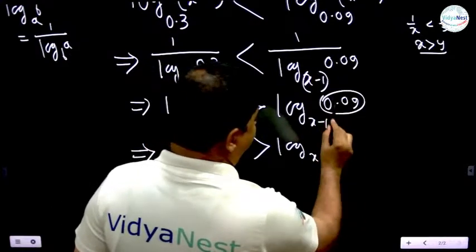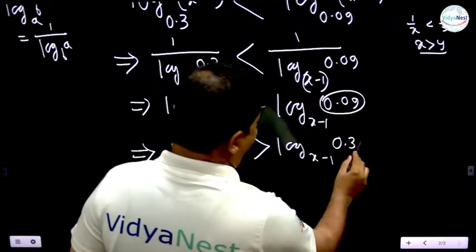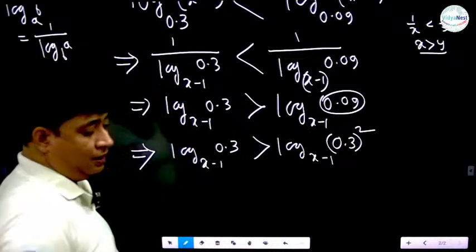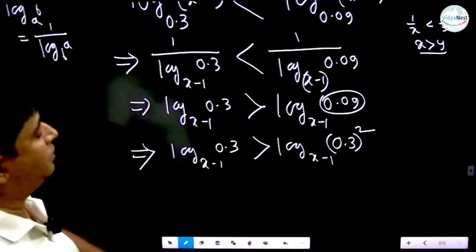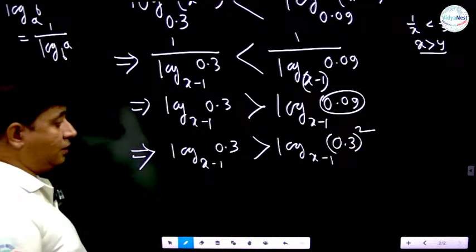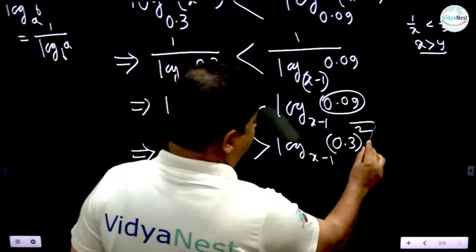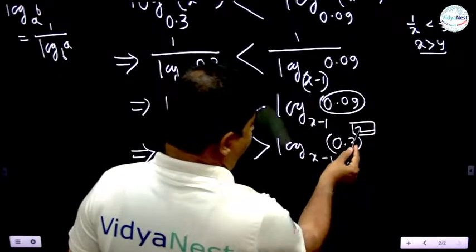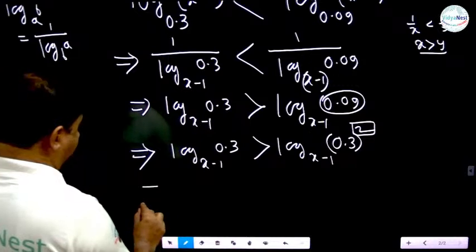What is 0.09? 0.3 whole square. Okay, 0.3 whole square is 0.09. Got it? Now, according to the property of log, that 2 will be brought out.